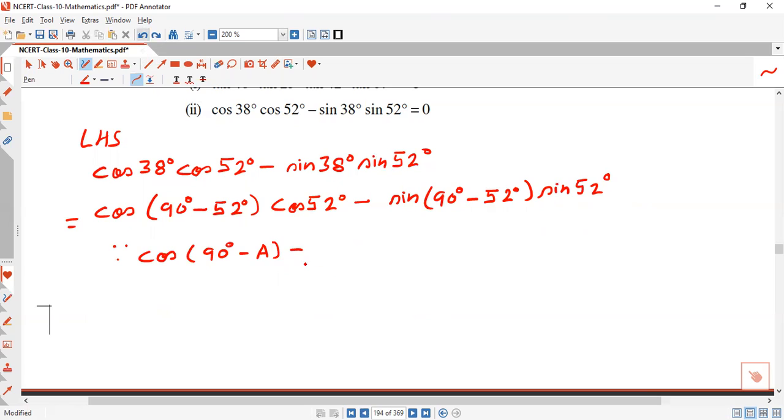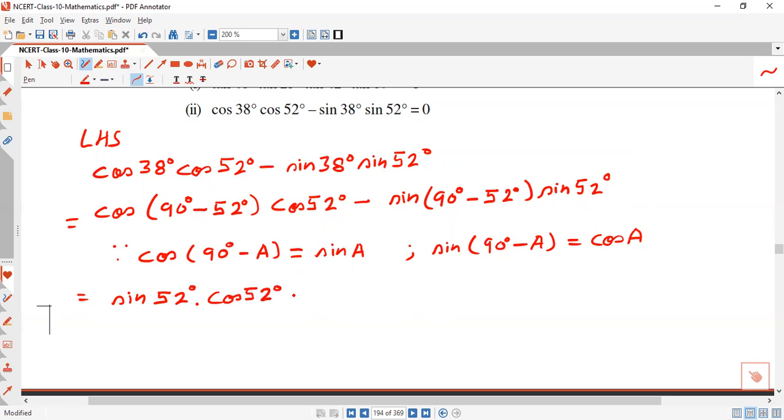Cos of 90 degree minus A equals sin A, and sin of 90 degree minus A equals cos A. So applying this formula, this is sine 52 degree into cos 52 degree, minus cos 52 degree sine 52 degree. These two terms are the same, the product of sine 52 degree and cos 52 degree. With the minus sign, it comes to 0.